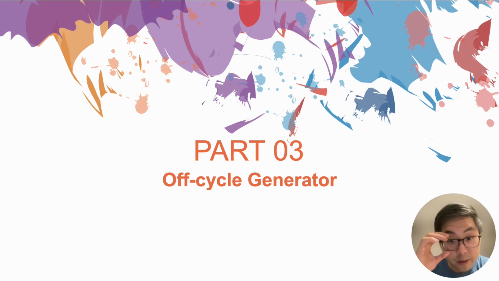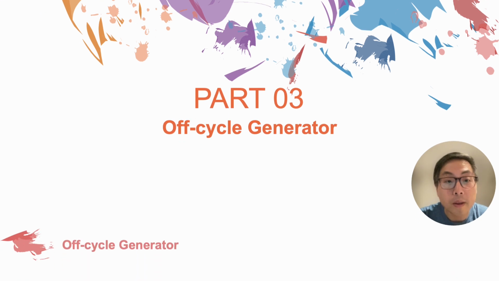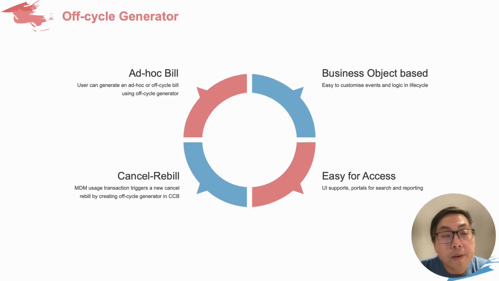Okay, so section 3, off-cycle generator. Off-cycle generator is a relatively new concept in CCNB, but it's been there since many years ago. This object gives you an opportunity to manually generate a bill.